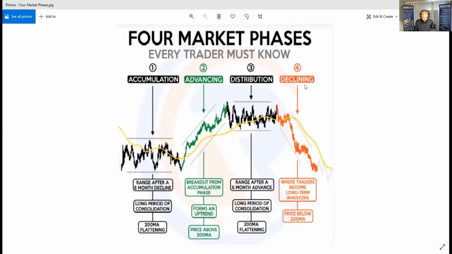So I recommend taking a picture of that and having it laminated. Again, the 4 market phases that everyone must know. Take a picture of that, guys. Have it laminated, so that you have it, especially the new folks that are with us.